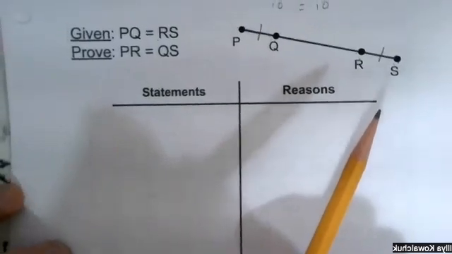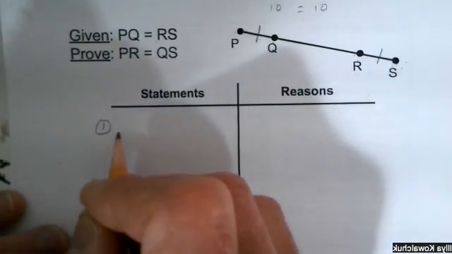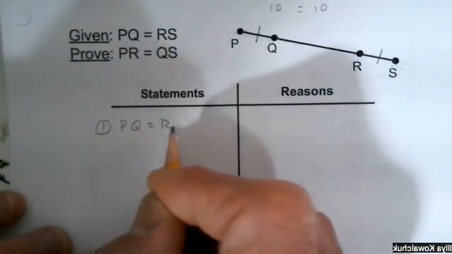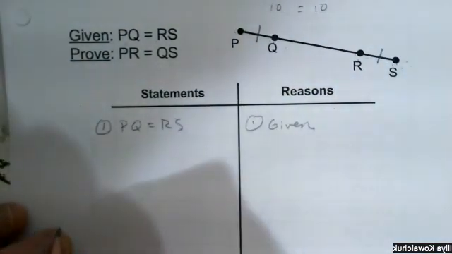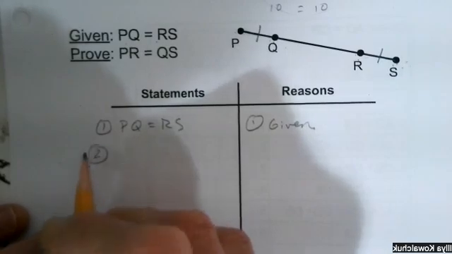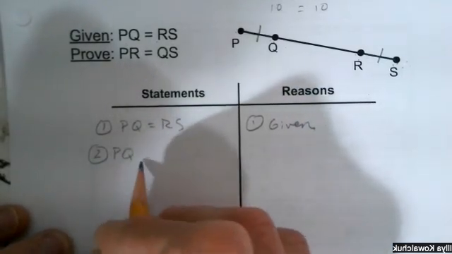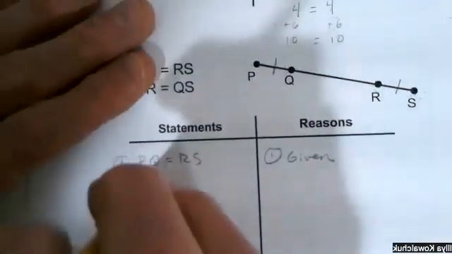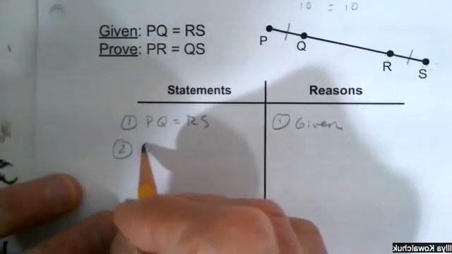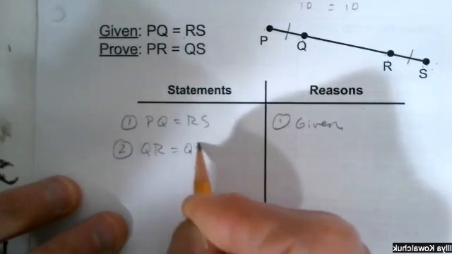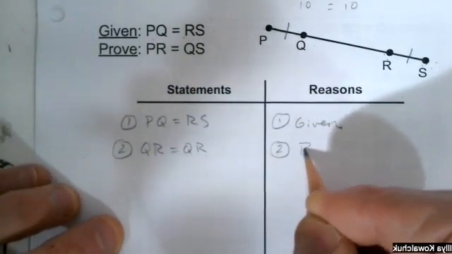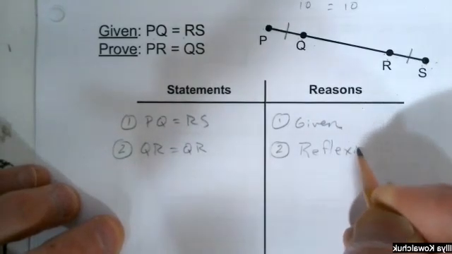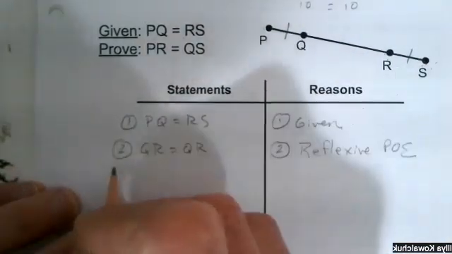So let's jot that out in our proof here. We've got number 1, PQ equals RS, and that's our given. Now the next thing I'm going to say is that PQ, no, sorry, I need to use my reflexive property because I'm adding the same thing to each side. So I'm going to say QR equals QR. That's the reflexive property.